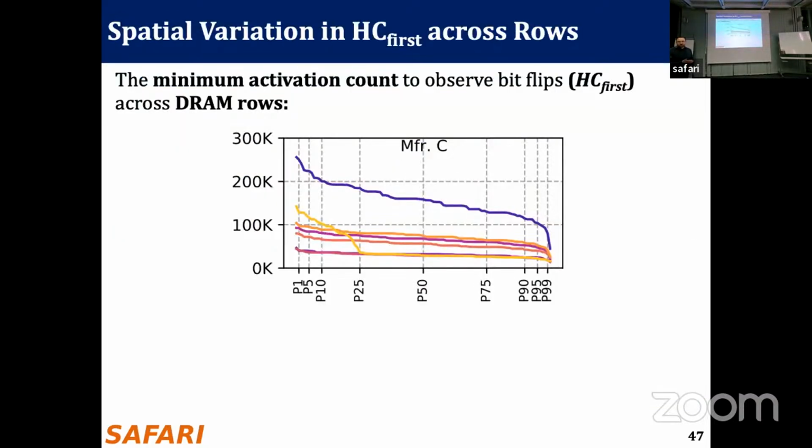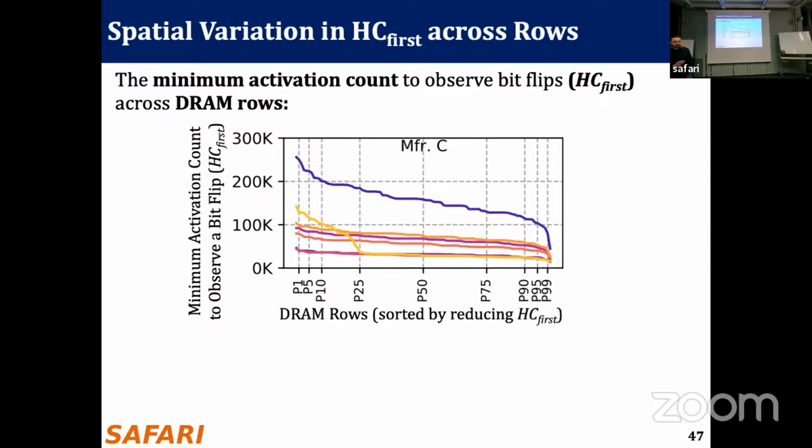So here is a distribution S-curve. On the x-axis, we look at the percentiles of the rows. On the y-axis, we look at the minimum activation count to observe a bit flip, or HC first. The DRAM rows are sorted by the HC first value, so that we can see this distribution. You can also consider that as some sort of cumulative distribution function.